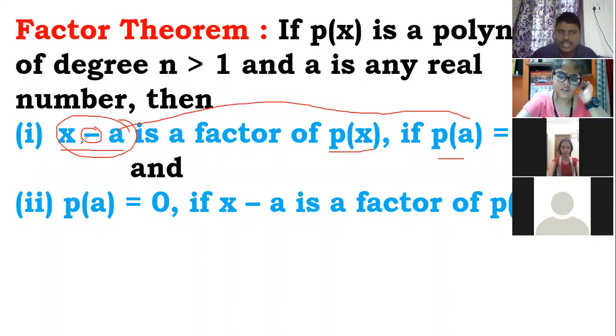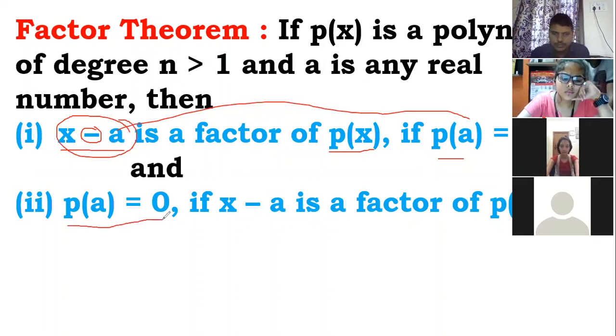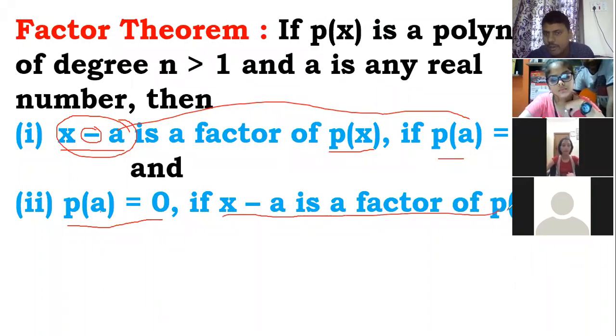Now, the other way: if you substituted some value and got the answer 0, so p of a is equal to 0. That's why x minus a is a factor of p of x. Two things to remember. If they say x minus a is a factor, you have to get answer 0.